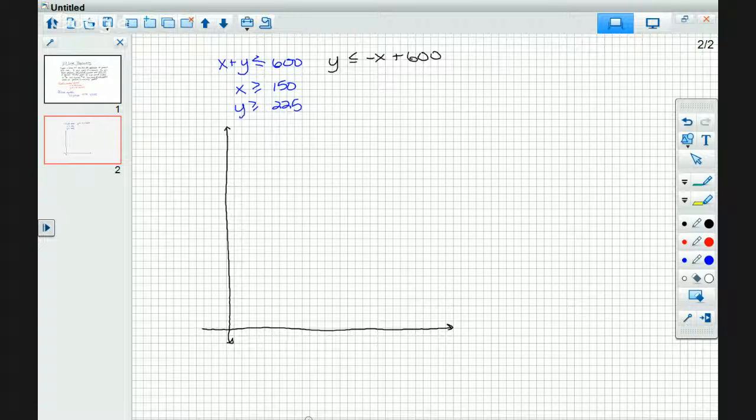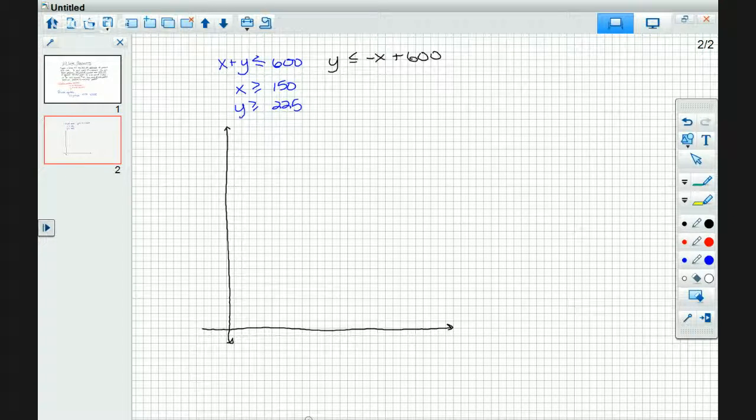This goes to 150, right? What is the x-intercept, though, of this equation? Plug 0 in for y. What do you get for the x-intercept? 600, yeah. So we need to go all the way to 600 here.